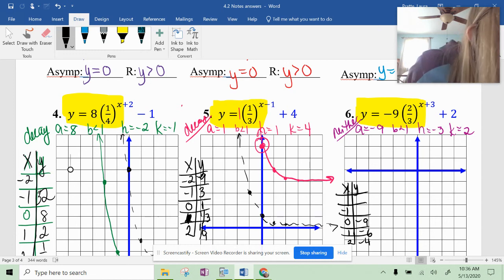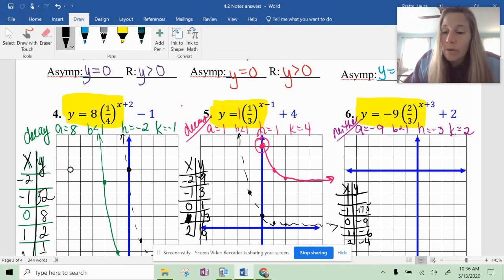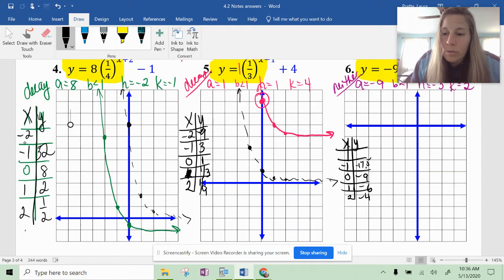I think it's a decimal, -17.5, if I can read my paper correctly. And that's all I'm going to do. All right, so that's off the graph anyway. 0, -9. 1, 2, 3, 4, 5, 6, 7, 8, 9. 1 and -6. 2 and -4. And then this would be my parent function kind of going like that, right?